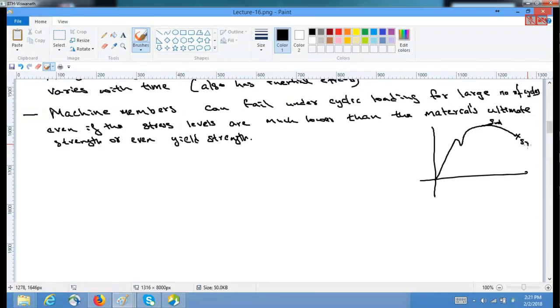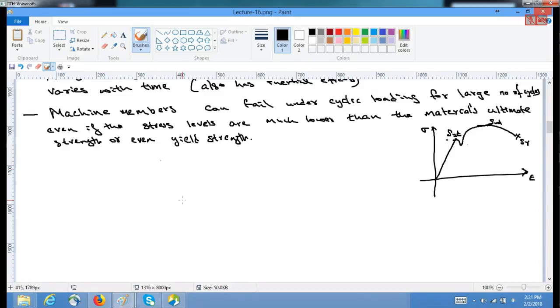Now, if it is a static loading and your design is based on yielding, then this is the failure load. And if it is ultimate strength based design, then it is up to SUT or S rupture, depending on what you are designing for. Further, when you are loading the specimen, it is only loaded monotonically. That is, only loading is there, no unloading is carried out, and hence the failure is designed for the maximum load at this given point of time.